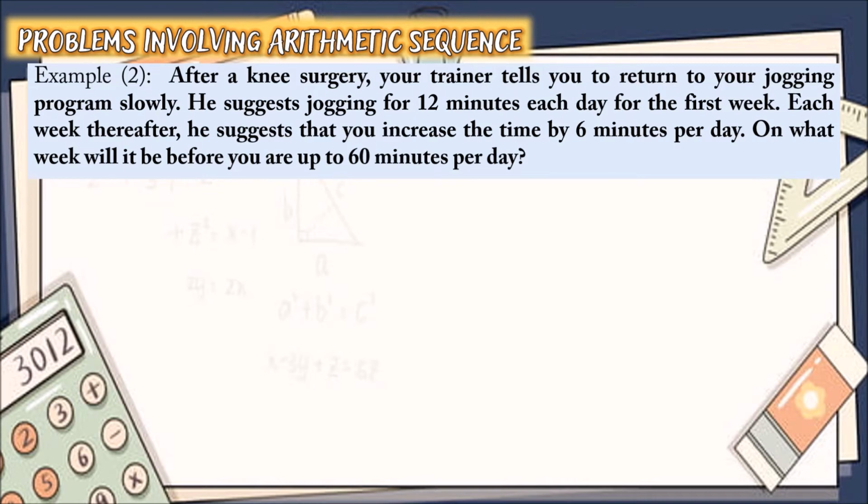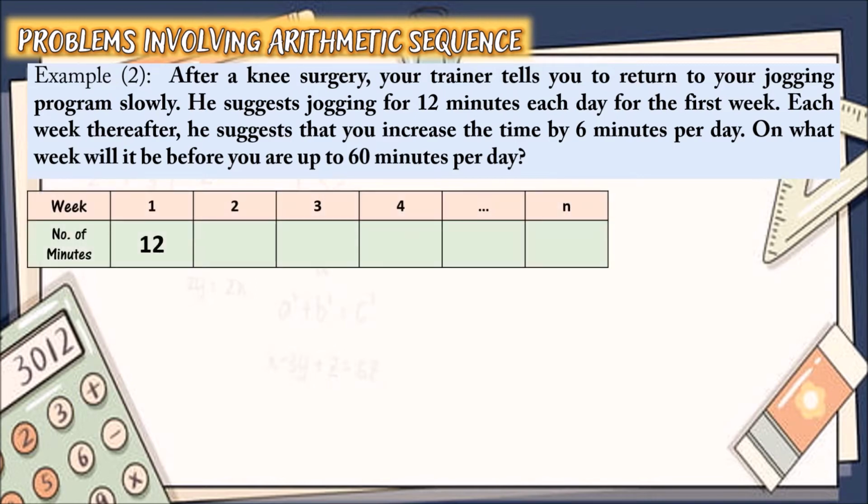So para ma-solve natin ang problem na ito, gagamit tayo ng isang table kung saan meron tayong number of weeks and number of minutes. For the number of weeks, we have week 1, week 2, 3, 4, and so on and so forth hanggang sa hinahanap nating weeks. Meron din tayong 12 minutes on the first week.